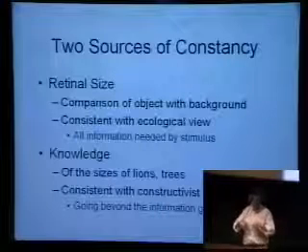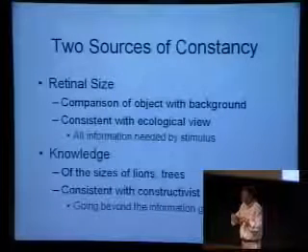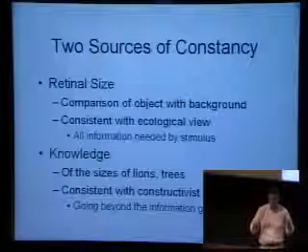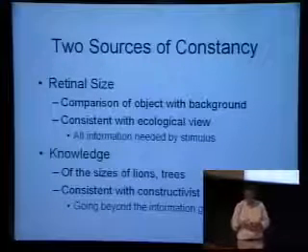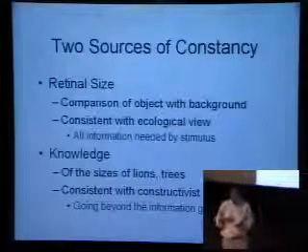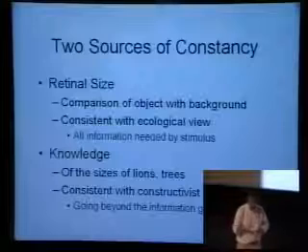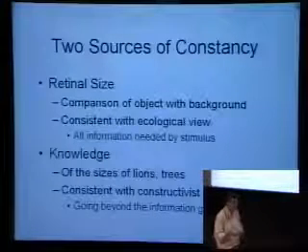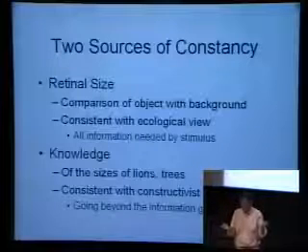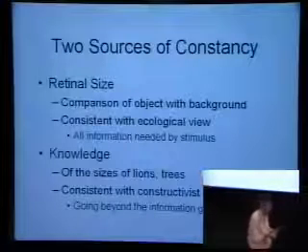Not just the stimulation that comes from the object you're looking at, the lion, but also the stimulation that comes from the background of the object, like the trees and the forest. But it's also the case, and this is what's consistent with the Bruner view of things, that we know something about the size of trees and we know something about the size of lions.